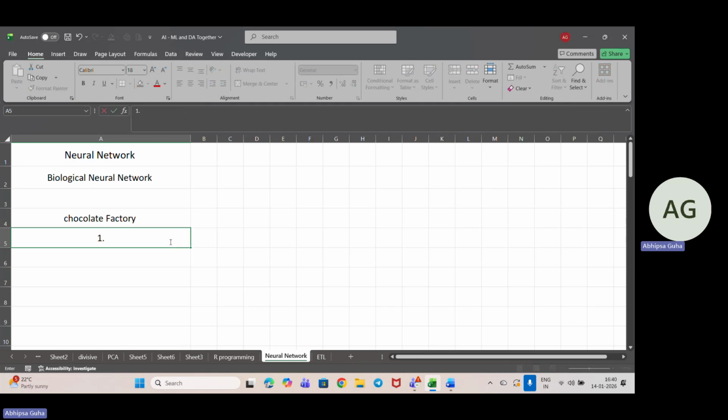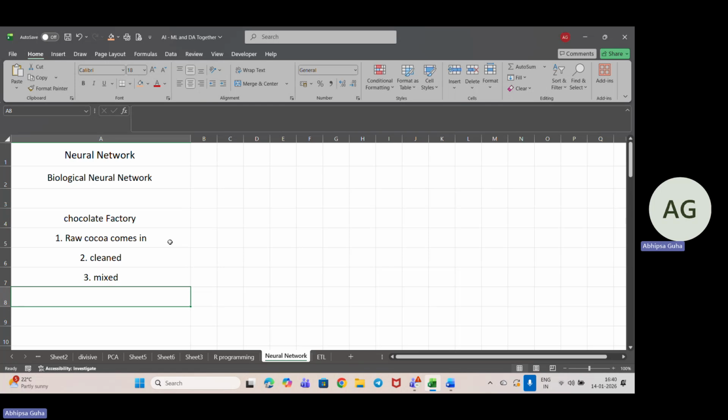The very first one is raw cocoa comes in. Then it gets cleaned. Then it gets mixed. Next, it becomes chocolate.